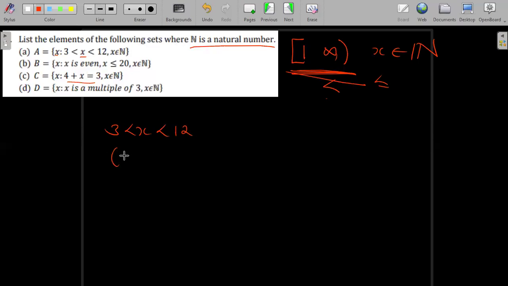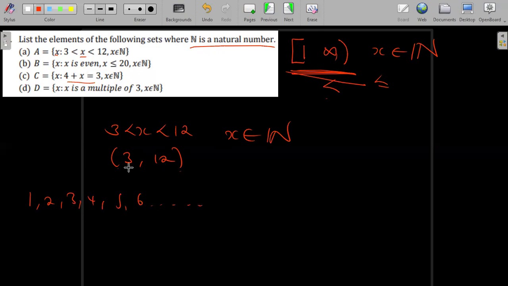So this can be written in interval form like this. They've told us that our x is a natural number. So what are the natural numbers that are in between here? Because we have open brackets here, 3 and 12 are not part of this interval. In a normal case, natural numbers start counting from 1, 2, 3, 4, 5, 6, all the way like that.